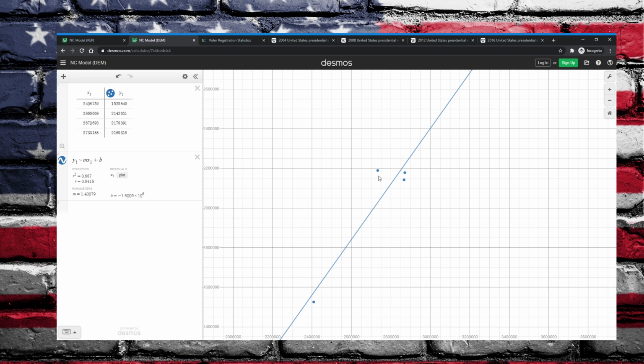But then you get this one right here. Take a guess who this one is. Hillary Clinton. She basically said forget the trends and completely outperformed what she was supposed to do. She was supposed to only get around 2 million votes, and she got 2.1 million votes, so off by around 160,000 votes.